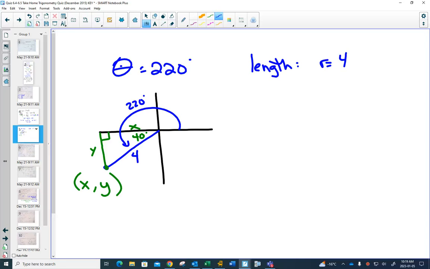So drawing the picture is the hard part here. Knowing what is being told to us, we know that we have a length of 4, I've got 220 degrees, I can make a triangle with a reference angle.